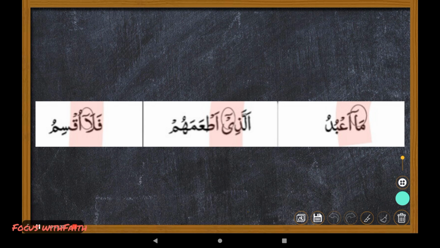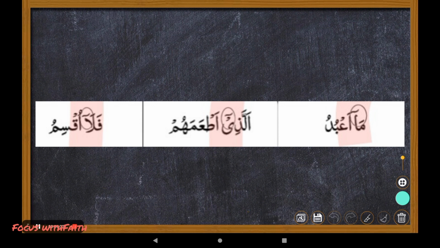Inshallah ta'ala, let us see a few examples. If you can see here, ma and a'budu. You have ma ending with madd, and the next word starts with hamza, so they are far. That is the example for munfasil, and you can elongate anywhere between 3 to 5 counts.